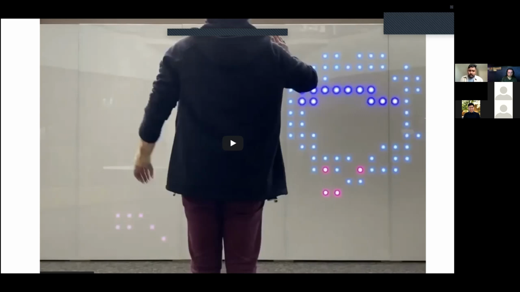Let's look at how we combine this interface with a digital art jamming session, and how we push this interface into an augmented human interface.